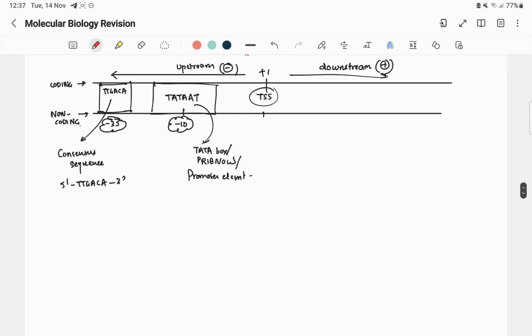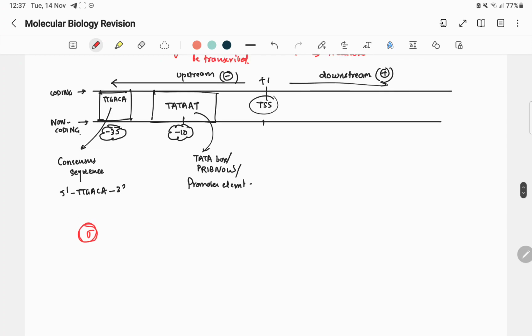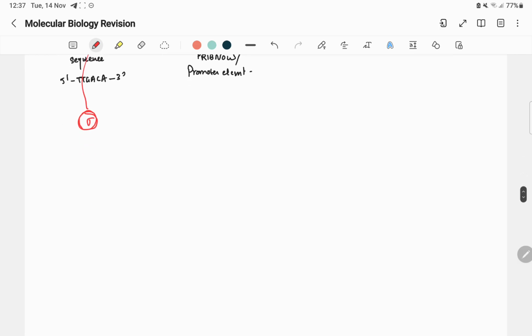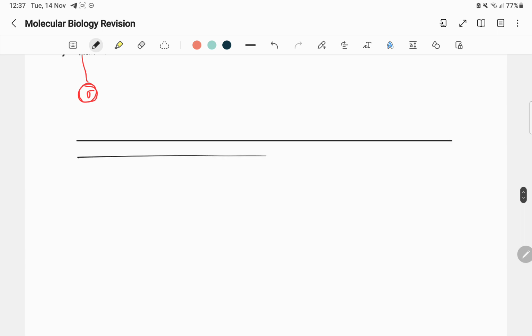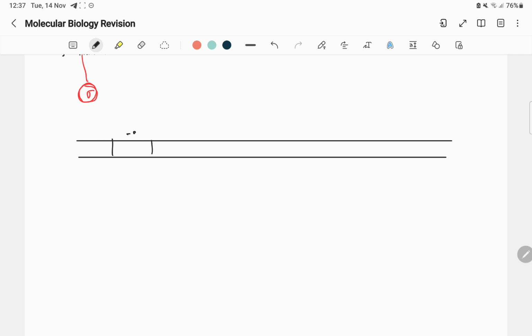First there is the action of the sigma factor. The sigma factor scans the DNA and binds to the consensus sequence first. Let me draw a DNA and explain. Here is the -35 region, the -10 region, and the +1 transcription start site.